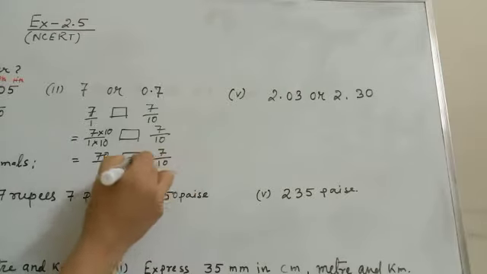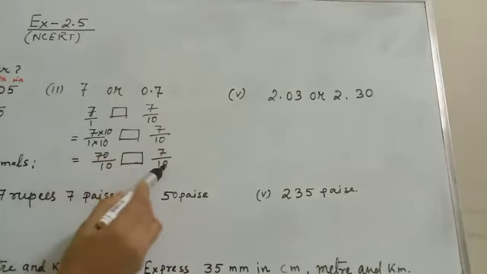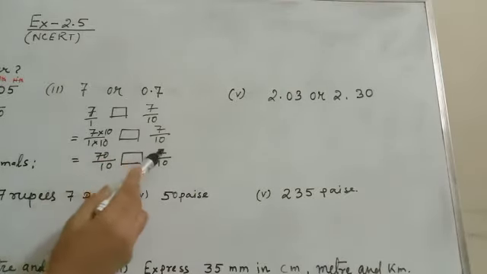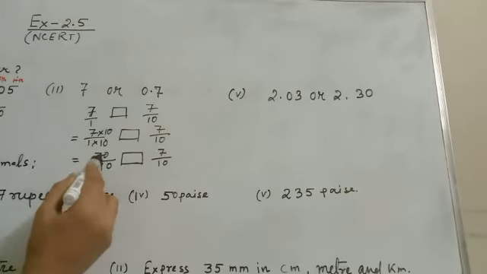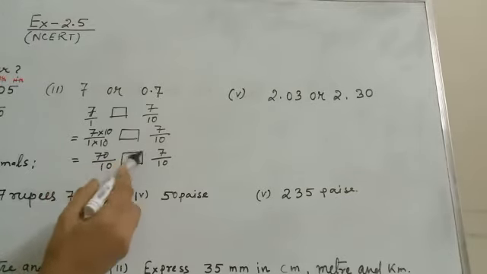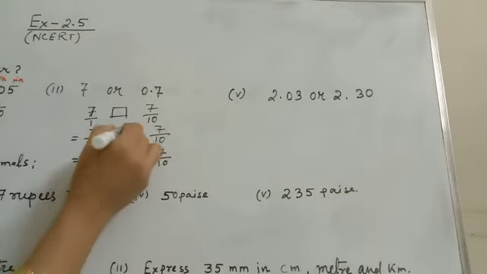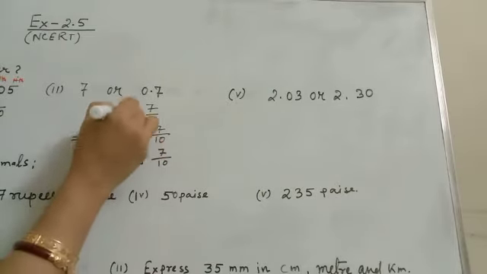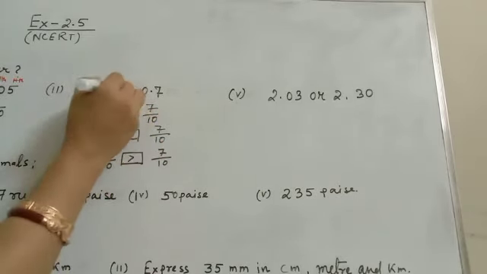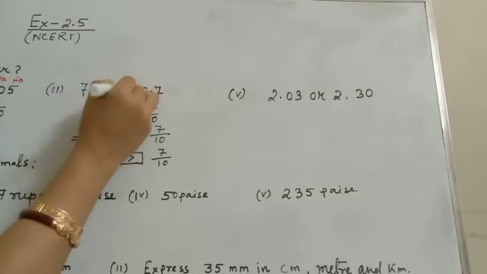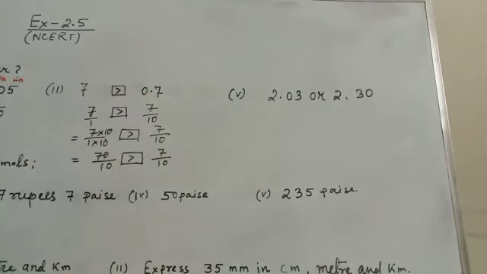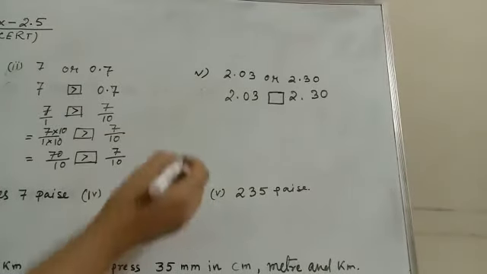Now easily you can see which one is greater. Denominators are the same, so you need to compare the numerators. When you compare the numerators 70 and 7, you can easily say that this one is greater. Understood?